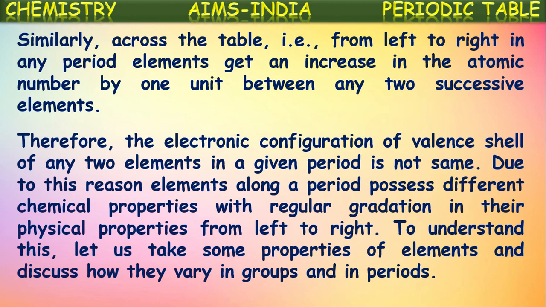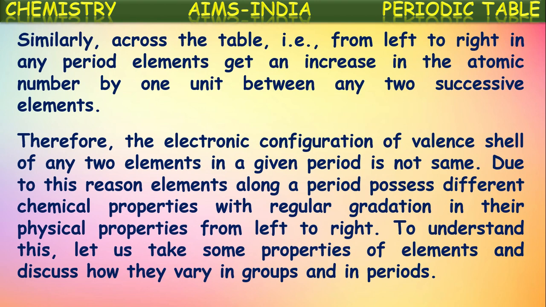Therefore, the electronic configuration of the valence shell of any two elements in a given period is not the same. As atomic number increases, the number of electrons gradually increases as we move from left to right in a period.